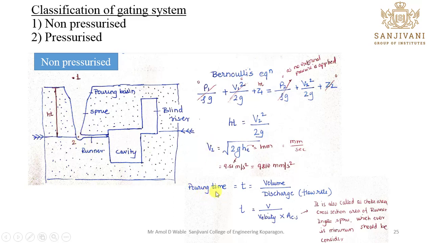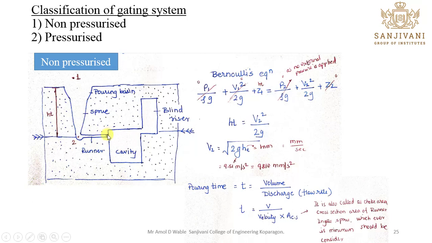So pouring time will be volume divided by discharge, that is, whatever the volume present in the cavity, if you divide it by the discharge, q, you will get the pouring time. And q will be velocity into the cross sectional area.